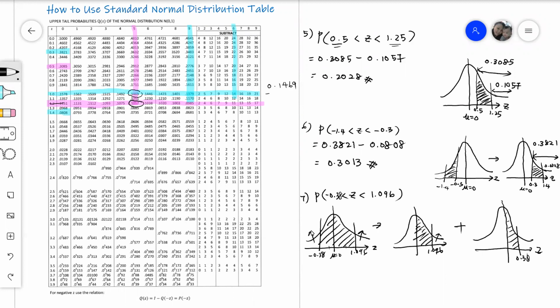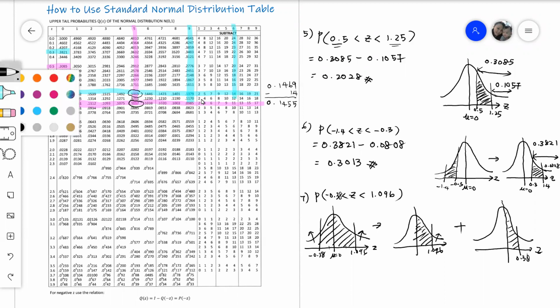0.1469 minus 14. Always write the number to the right-hand side, ignoring the decimal point at this moment. So when you subtract it, we will have... okay, double check. Sorry, I saw the wrong thing.